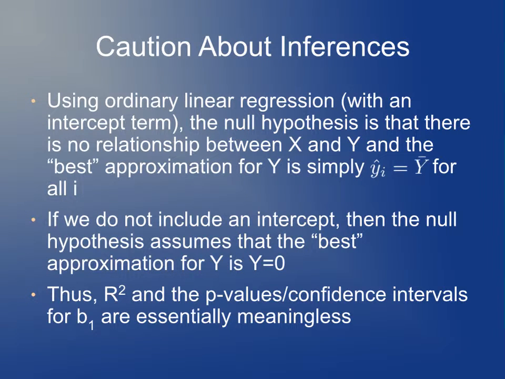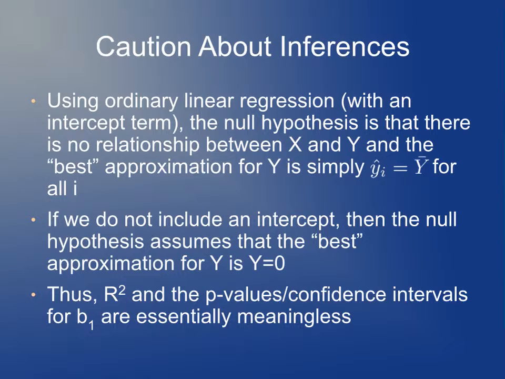If you fit a no-intercept model, you have to be very careful about your inferences. If you use ordinary linear regression with an intercept term, the null hypothesis is there is no relationship between x and y, and the best approximation for y is that y equals y bar. If you don't include an intercept, then the null hypothesis assumes the best approximation for y is that y equals 0 for all possible values of x, rather than y equals y bar.